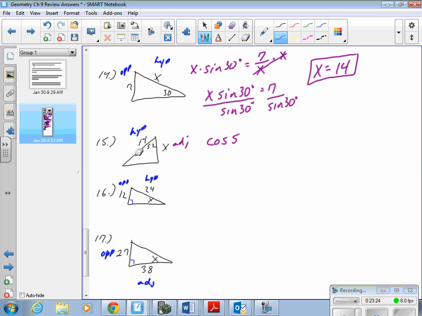Cosine of 52 degrees should be equal to the adjacent side, which is x, over the hypotenuse, which is 14. So multiply both sides by 14. So 14 times the cosine of 52 degrees equals x, and 14 times the cosine of 52 is 8.6, which equals our x.